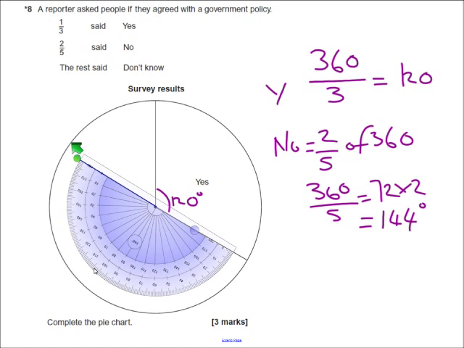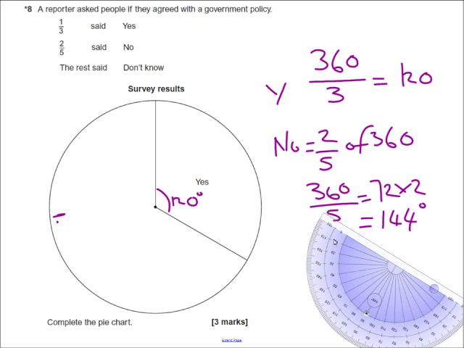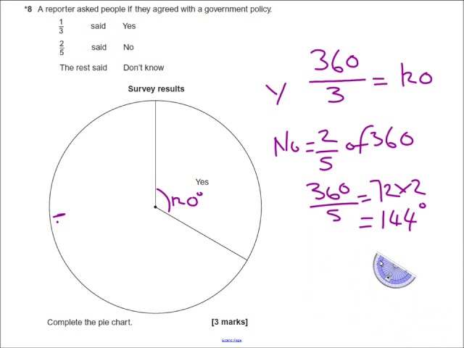So we're going all the way round past 90 plus 100, and we need to put a marker here at 144 degrees. So just about there is our mark. We can remove our protractor. In fact, we'll just shrink it down. And then draw a straight line from the centre through our marker for 144 degrees and annotate our pie chart.